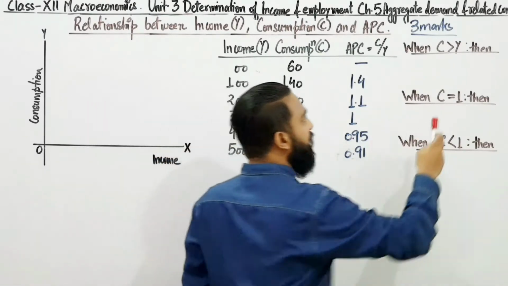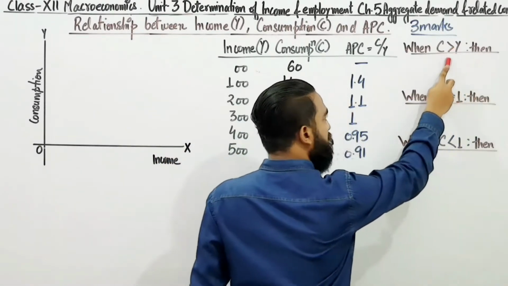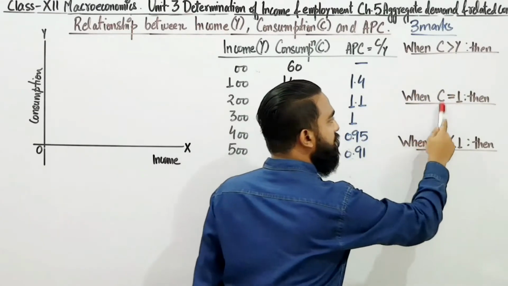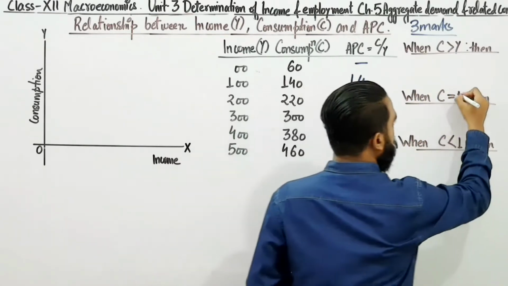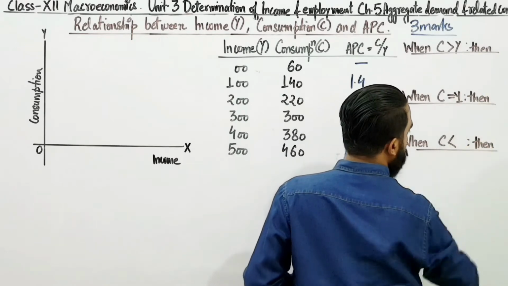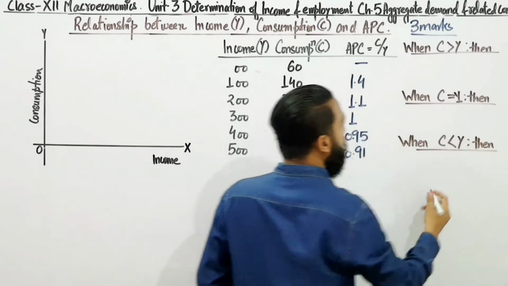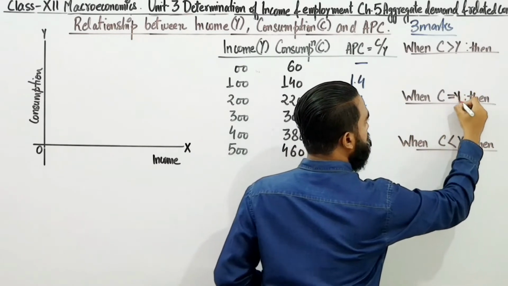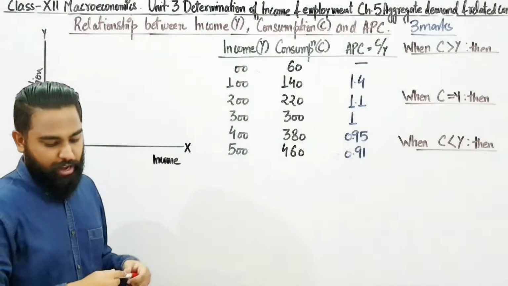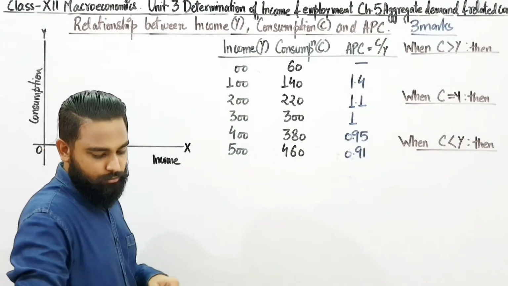So there are 3 values where consumption is more than income, consumption is equal to income and consumption is less than income. Is that clear? Understood?